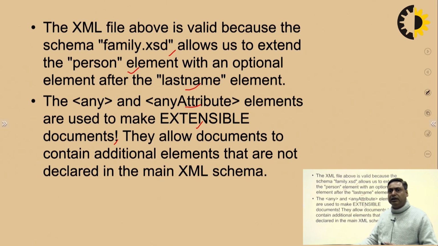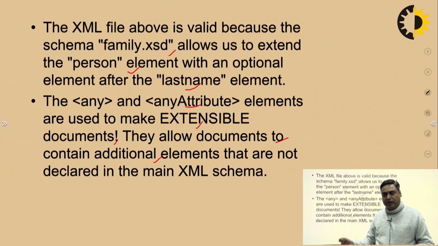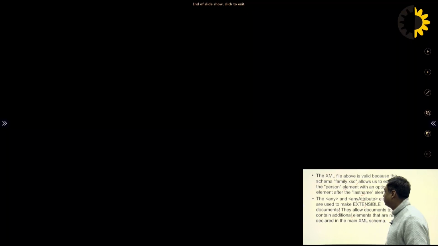So it will extend the XML schema. They allow documents to contain additional elements that are not declared in the main XML schema. So this is the power of the any element. It provides flexibility to extend the element, and the extended element can be optional, so it is not necessary to include it in your final XML file.